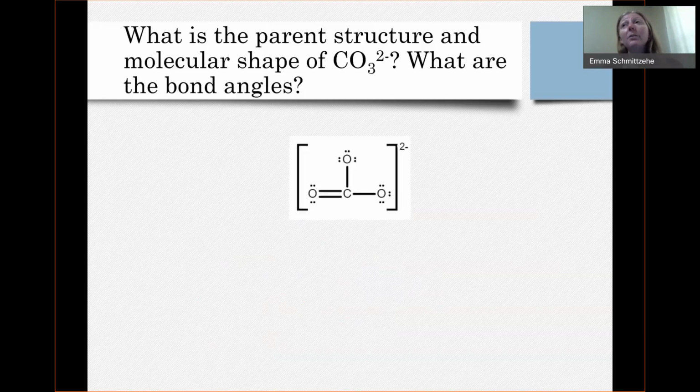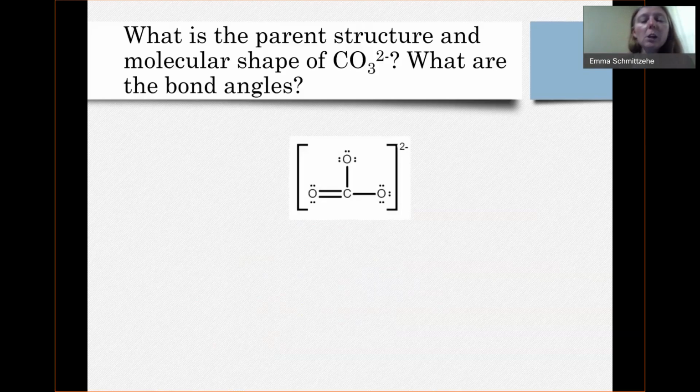Or even if there's a possible more stable structure, as long as you have a valid structure, something that has the right number of electrons and follows the octet rule, then you can go with that and use it to predict the shape. It doesn't have to be the best structure and it doesn't have to be every resonance structure.